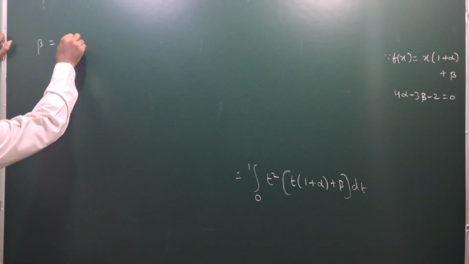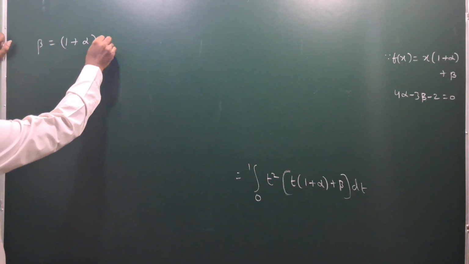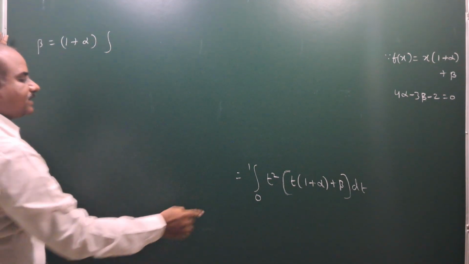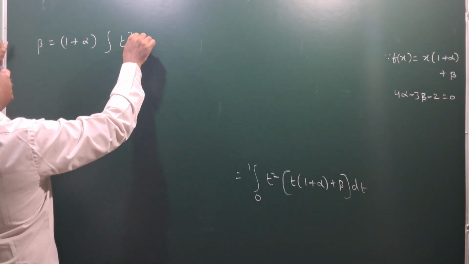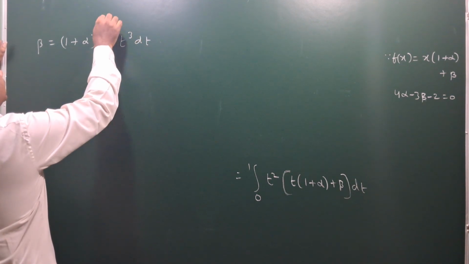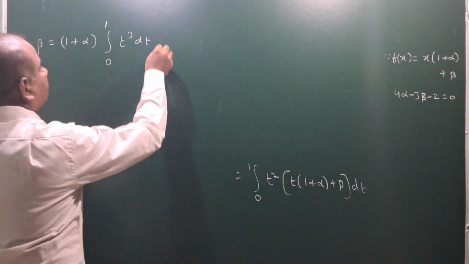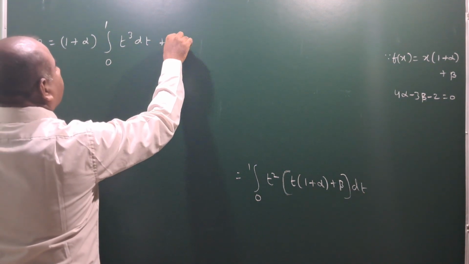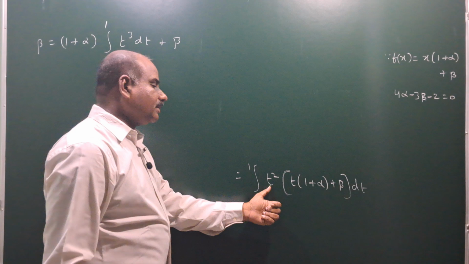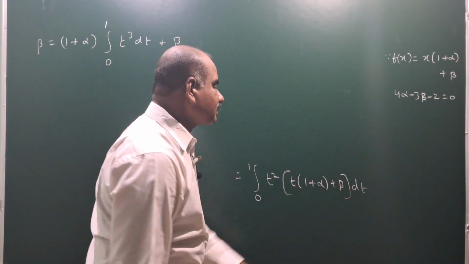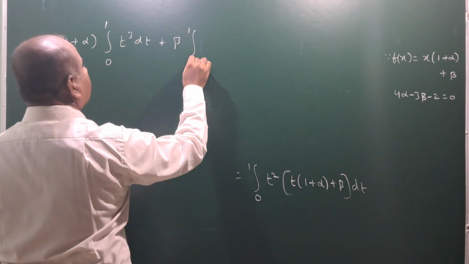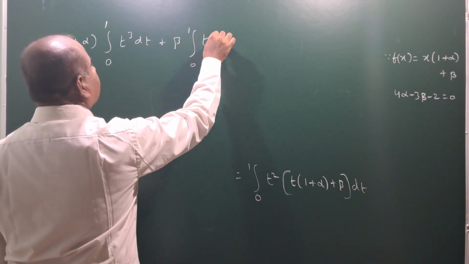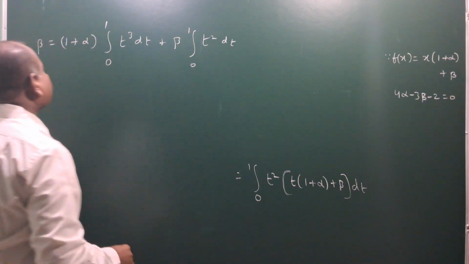Beta is equal to 1 plus alpha into integral t square into t cube dt, limits 0 to 1, plus, take beta outside, t square into beta into dt, that means integral 0 to 1 t square dt.